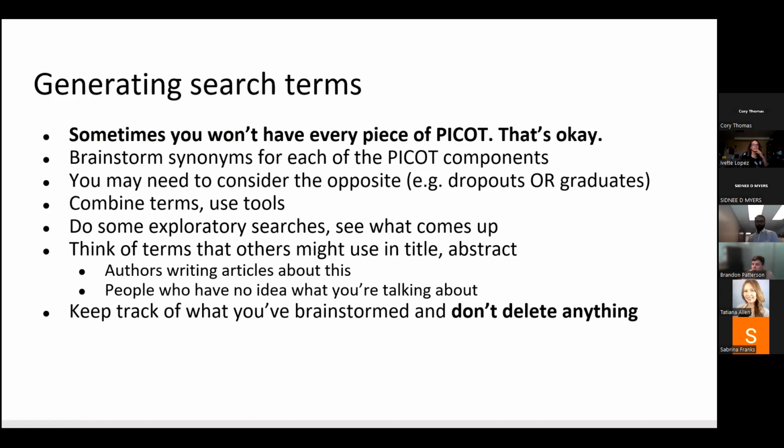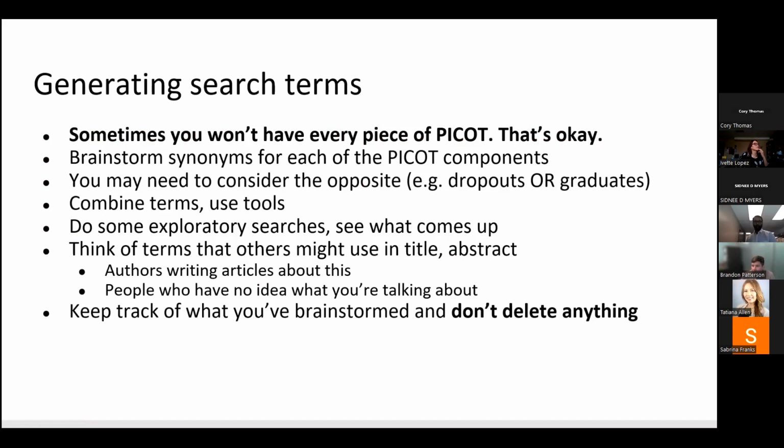Before I usually go into a search database, I like to give some general tips. Know that you're not going to find maybe every piece of that PICO question, and that's okay. Maybe we're just starting with pregnant teens and graduating high school, for instance, and seeing what that gets us initially before we add in some of those other things.